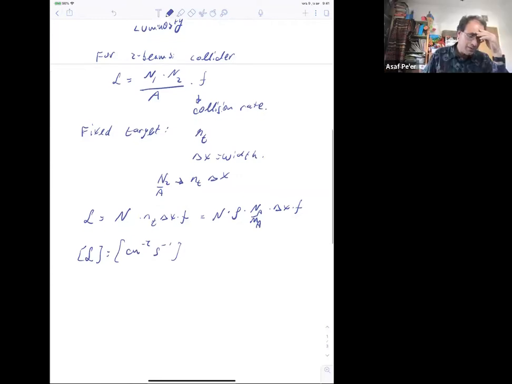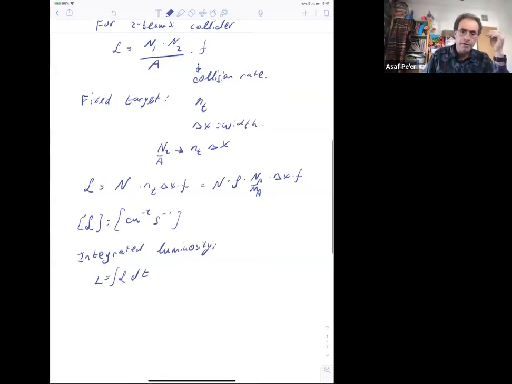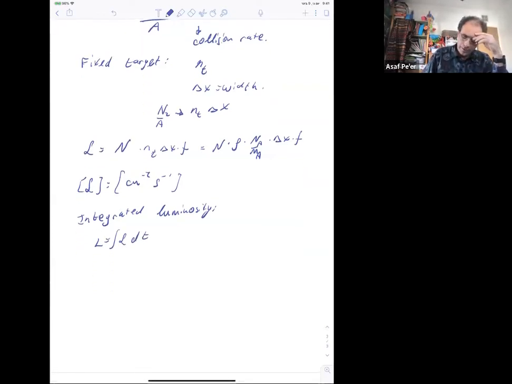And sometimes we talk about integrated luminosity. Integrated luminosity L is just the integral of L dt, integrated over time, which of course has units of centimeter to minus 2. All right.